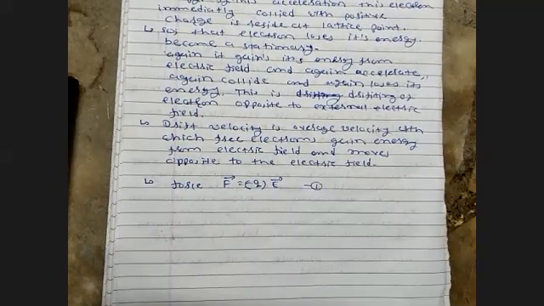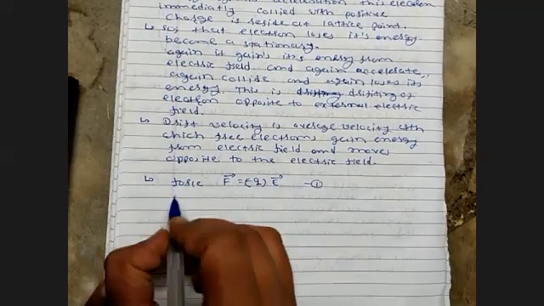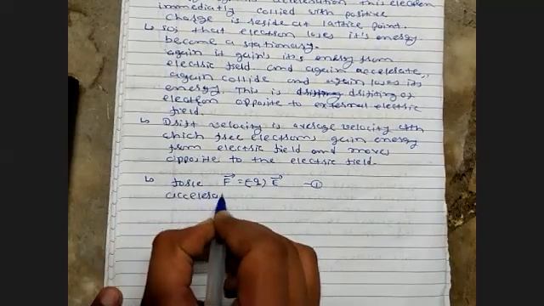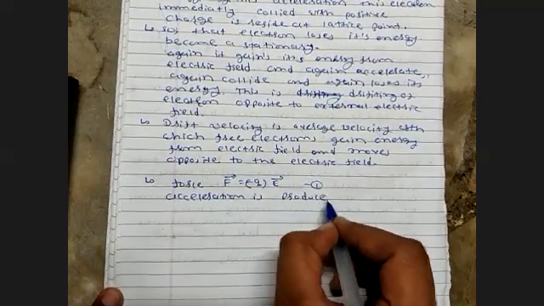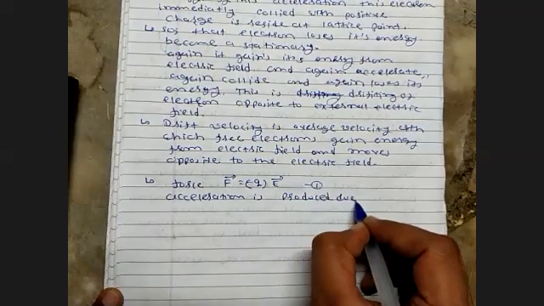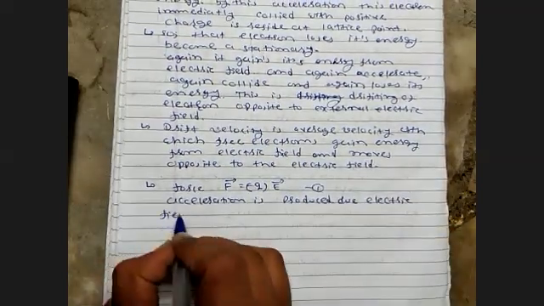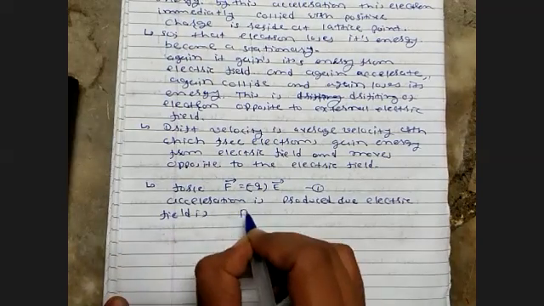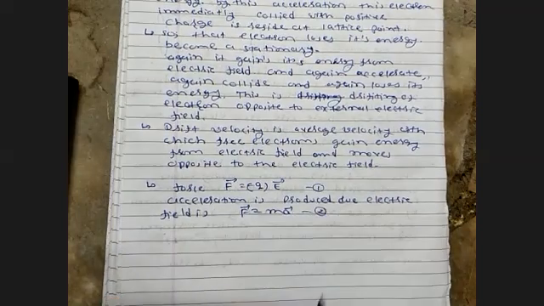As we know, there is an acceleration produced in the electron due to the electric field: F is equal to ma. That is the second equation.